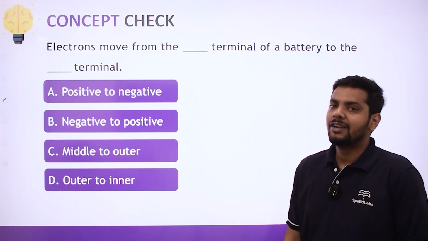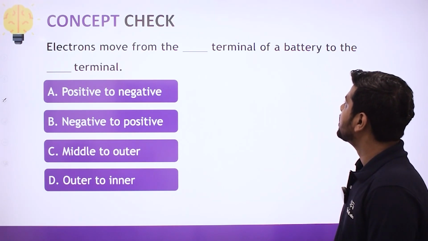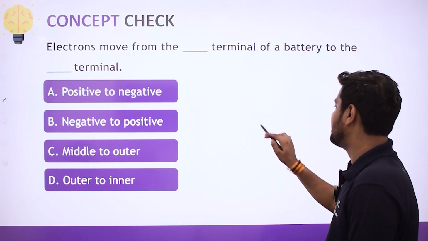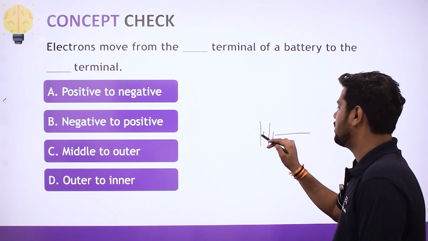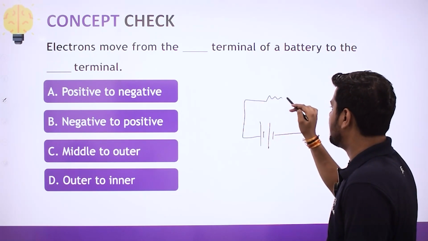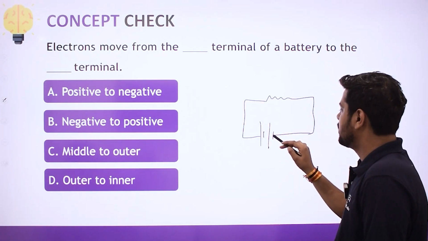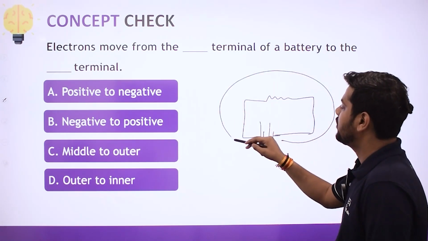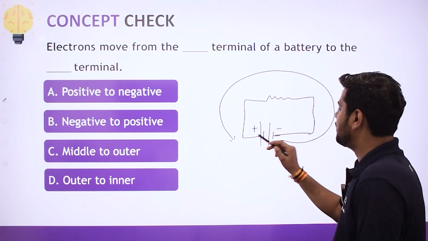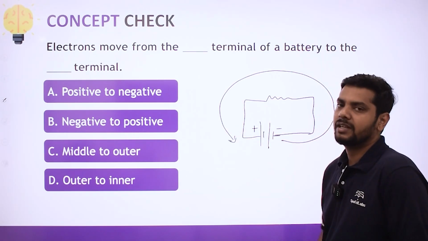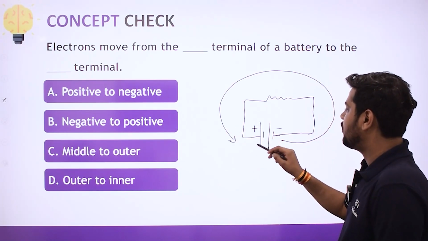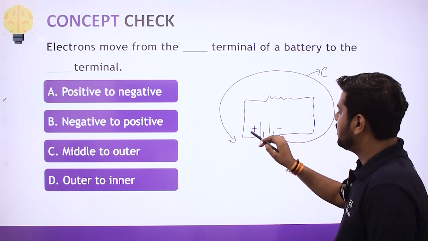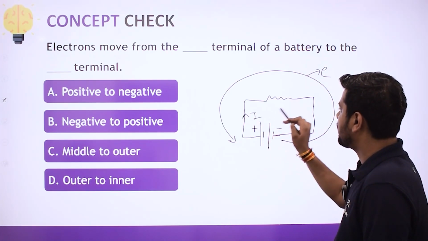Next part: electrons move from the dash terminal of the battery to the dash terminal. As I have explained, let's say that this is the positive terminal, right? And there is a wire which we have taken just like this. So my electrons will always flow from where to where? From the negative terminal towards the positive terminal. And current, let me mark here, this is electron, and current will always flow from where to where?